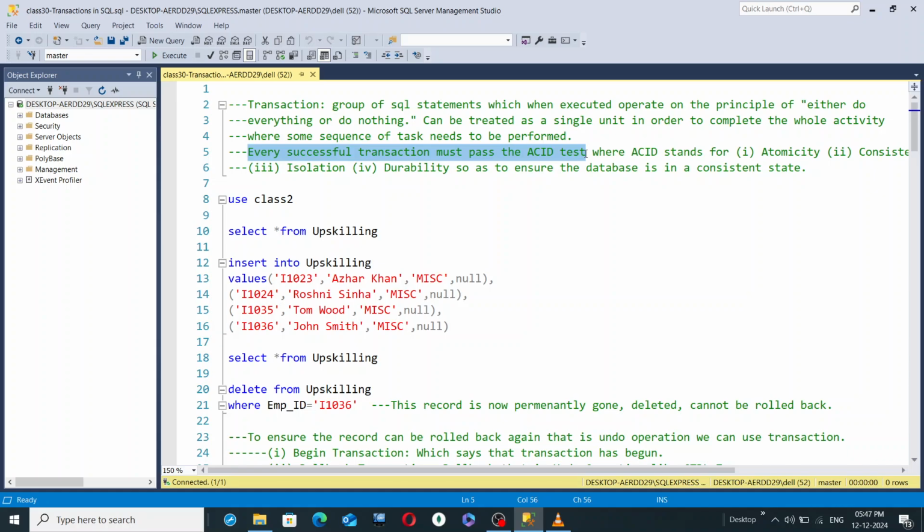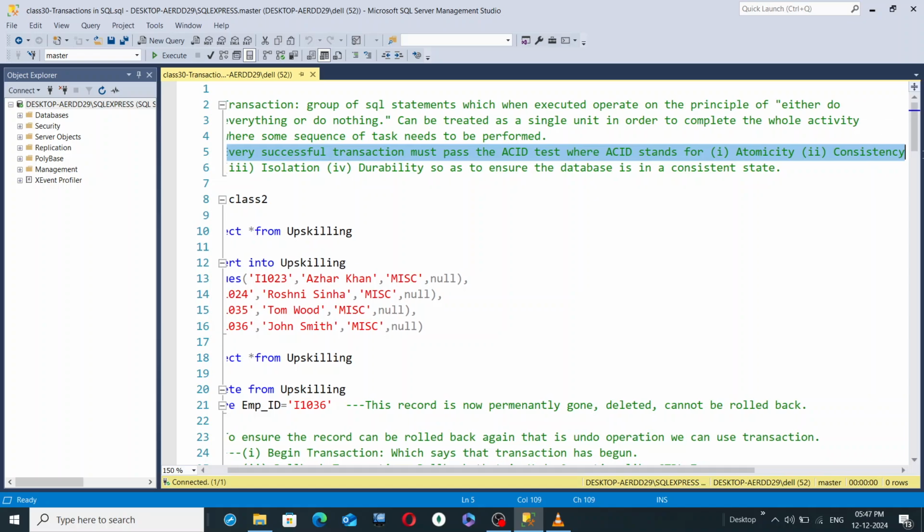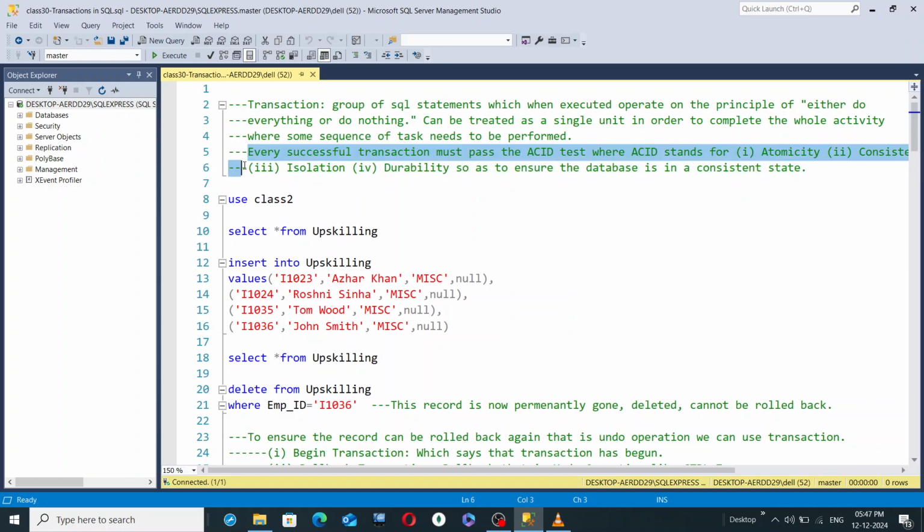A successful transaction must pass the ACID test, where ACID stands for: number 1, A for atomicity; number 2, C for consistency; number 3, I for isolation; number 4, D for durability.